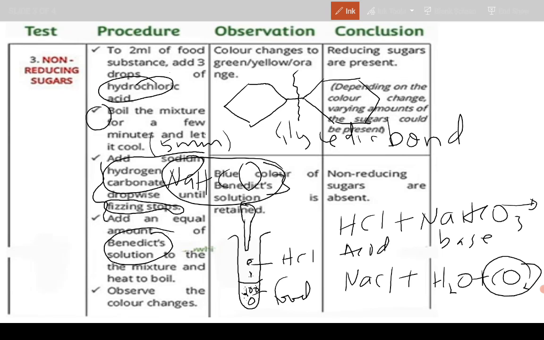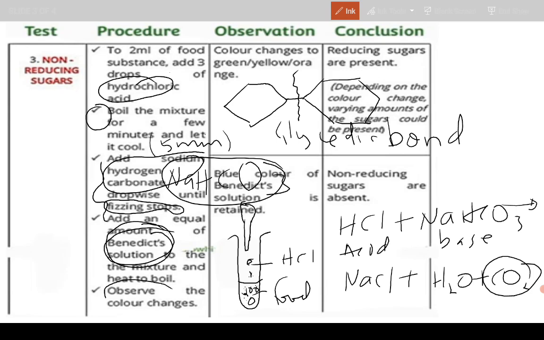There is a heating that is done in order to break the disaccharides into monosaccharides. And then there is also a heating that is done in order to bring about a reduction or an oxidation between Benedict's solution and the sugar that is available there. Okay.